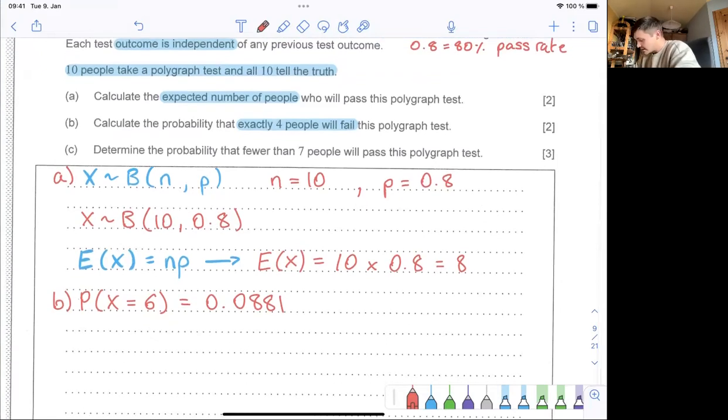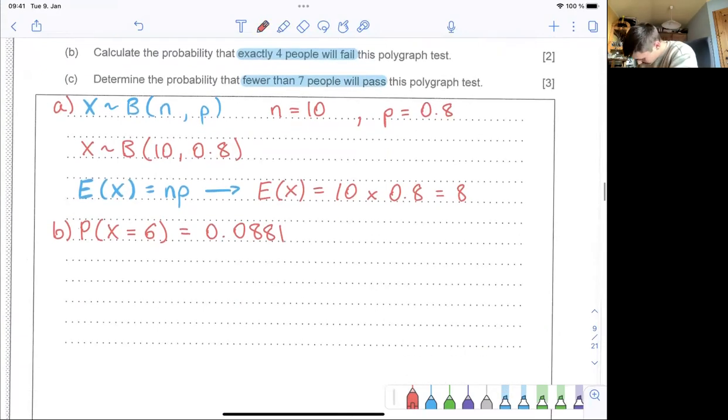Now let's move on to part C. Determine the probability that fewer than 7 people will pass this polygraph test. Let's highlight the idea of fewer than 7 people will pass. This question is asking us to find the probability of X less than 7.